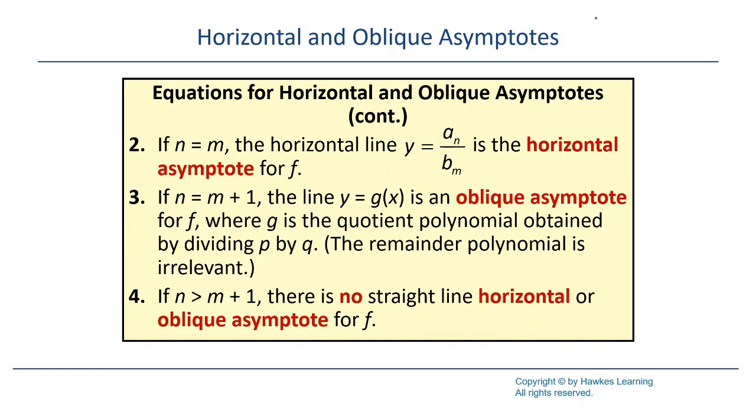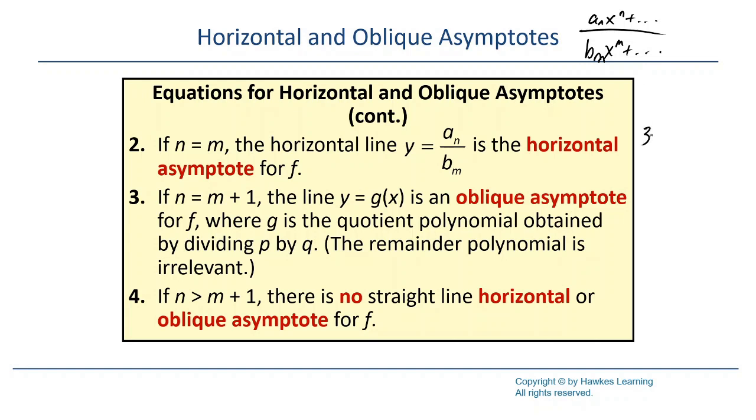If they're equal, and again this is a sub n times x to the n plus stuff divided by b sub m times x to the m plus stuff, if they have the same power, then the horizontal line y equals the leading coefficient in the numerator divided by the leading coefficient of the denominator will be your horizontal asymptote.